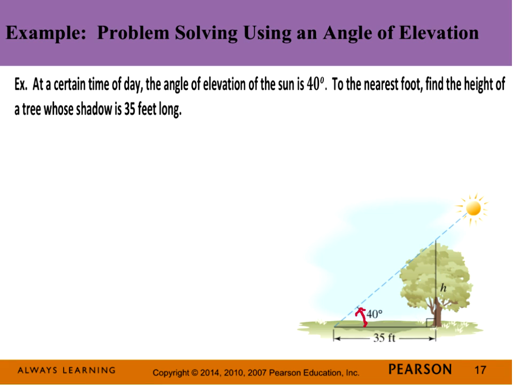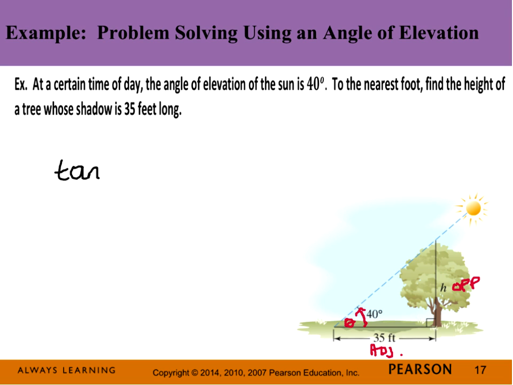So basically, this is the same exact problem that we just looked at, but instead of looking at a lake, you're looking at a tree. So since this is our angle theta, H is our opposite, 35 is our adjacent. So we're actually going to use tangent again here.